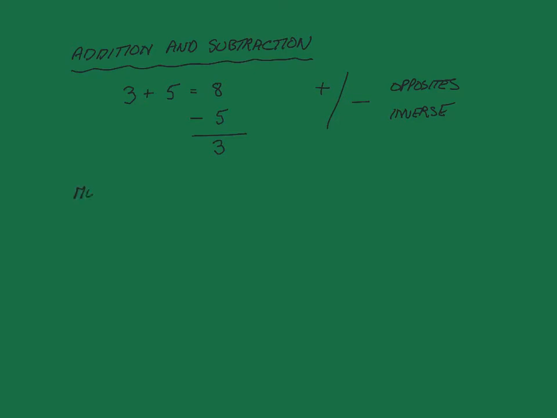Multiplication is just repeated addition. In the video we looked at with the fractions of half of 7, we saw that if we wanted to do 7 times a half, we could say that it was the same as a half plus a half plus a half plus a half plus a half plus a half plus a half, 7 times.